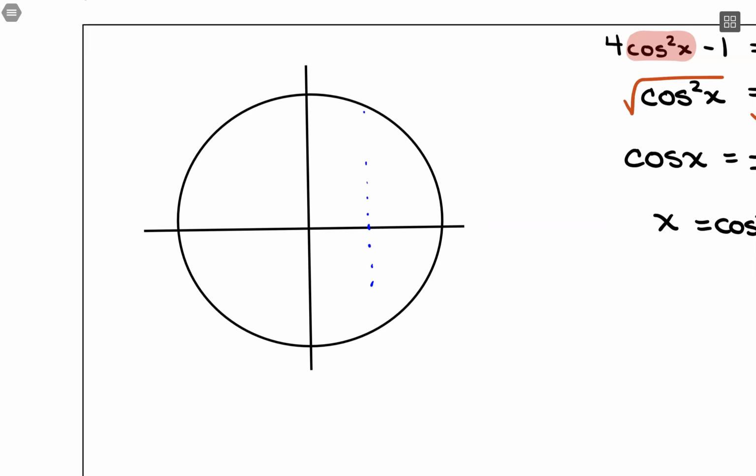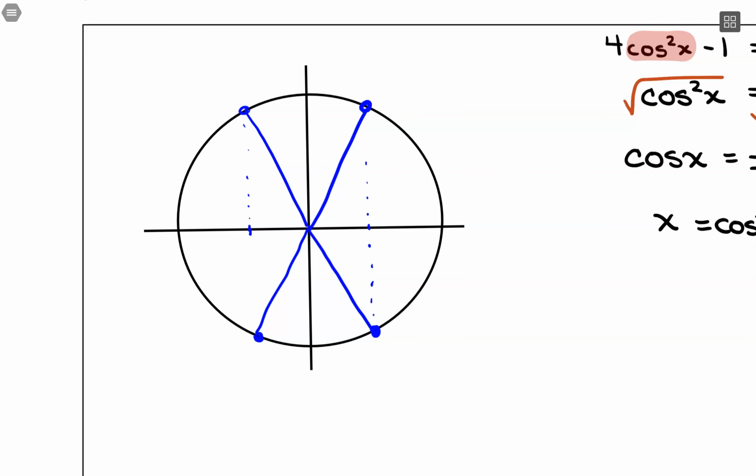We get two solutions from the positive 1/2, and that's happening at pi over 3 and negative pi over 3. Then we also have negative 1/2, and we get two solutions out of that at 2 pi over 3 and 4 pi over 3.